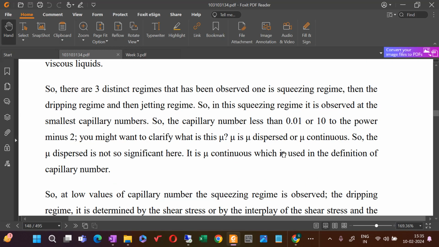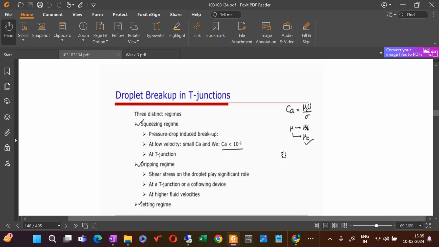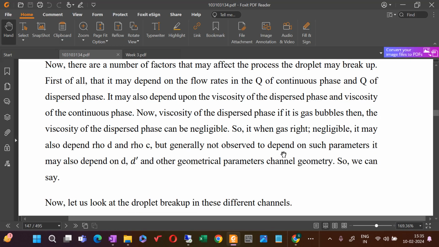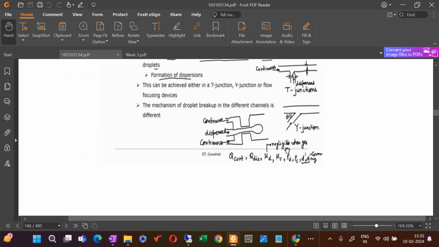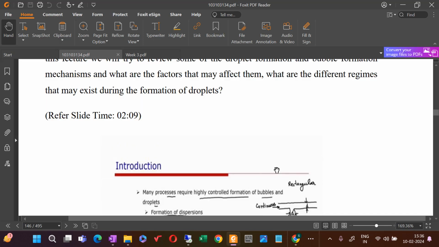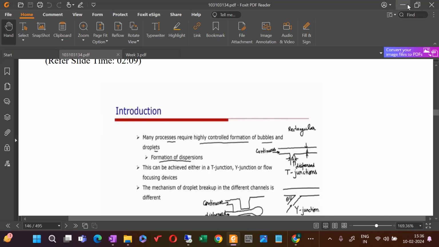Sir has very clearly explained this in the lecture also, like Q continuous, Q disperse, mu d, mu c. So this is viscosity stratification, density stratification. Dimension is obviously one reason, and the flow rates. So that is the one thing.